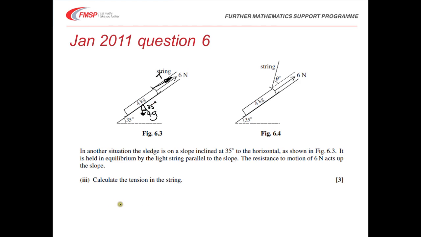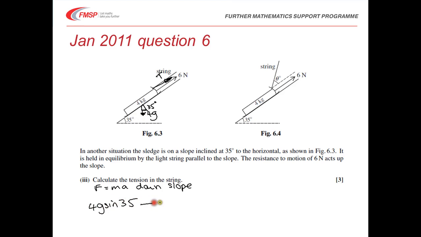So to work out the tension in the string, we can resolve either up the slope or down the slope. Doesn't make any difference which we do. I'll resolve down the slope. So down the slope we're going to have the component of the weight, which will be 4g sin 35, and that's the only thing acting down the slope.